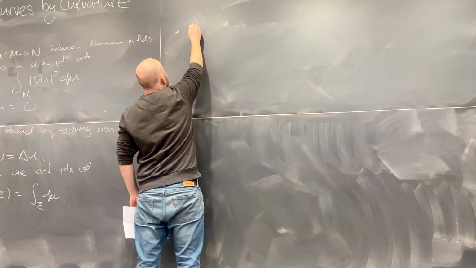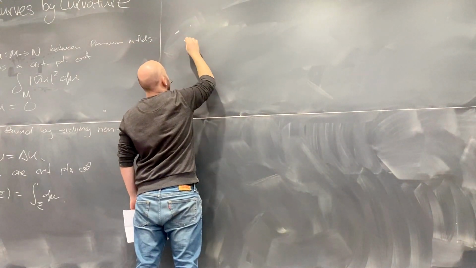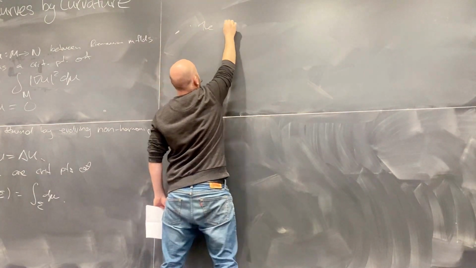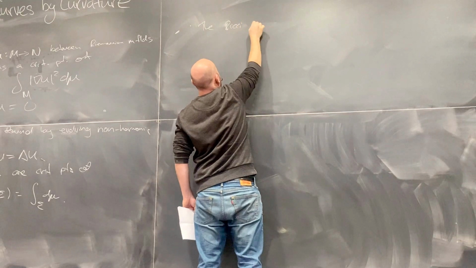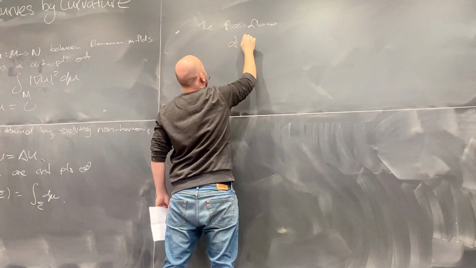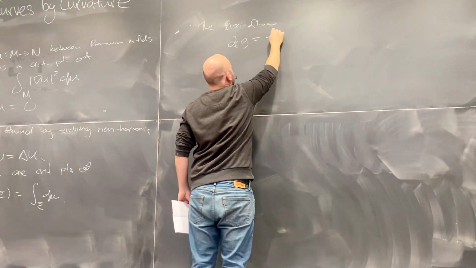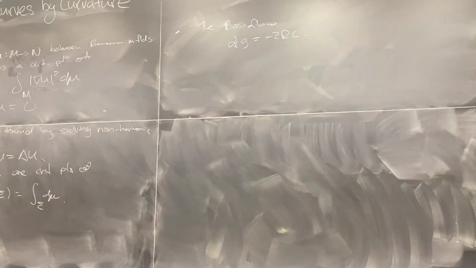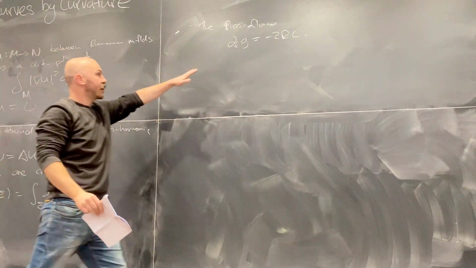So in 1982, Hamilton introduced the so-called Ricci flow. Again, you don't have to know what any of this means. This is just motivation. So this is an equation. You take a Riemannian manifold. g is a metric on a Riemannian manifold.